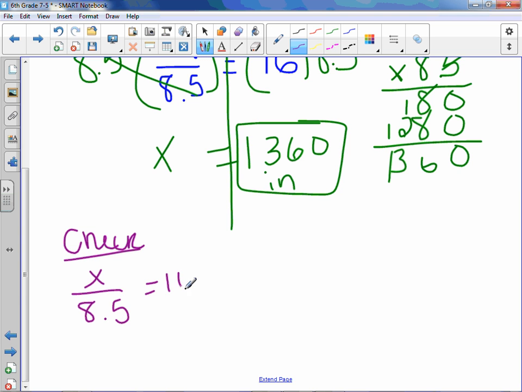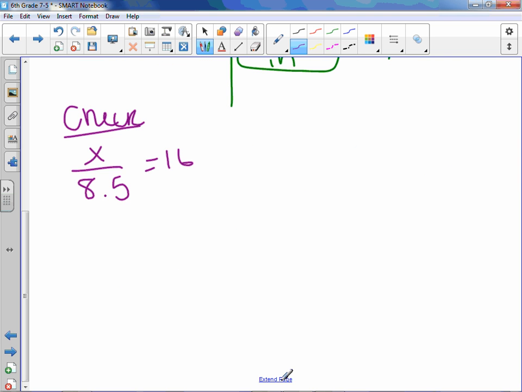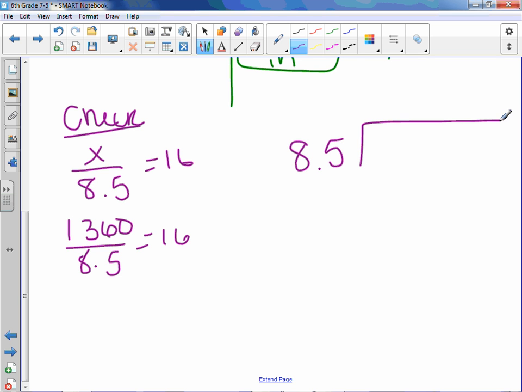Write the original. Substitute in what you got as your solution. Do the actual operation. So in this case we have division. 85 into 136 would be once.